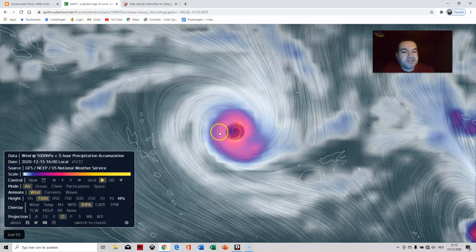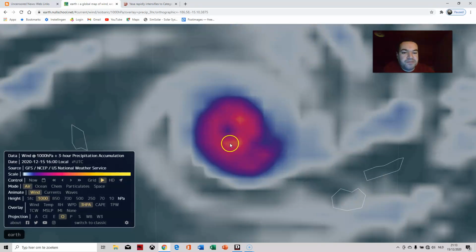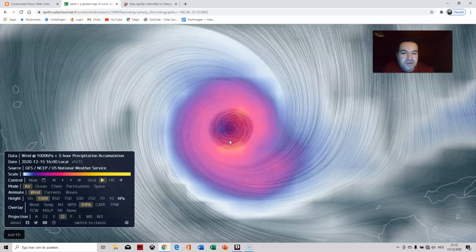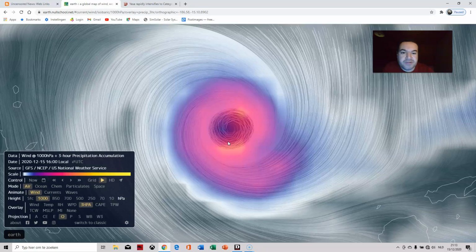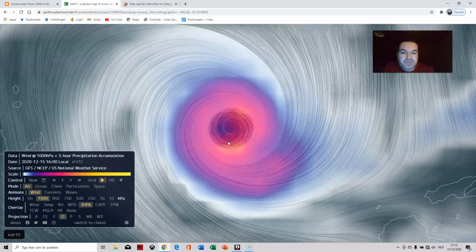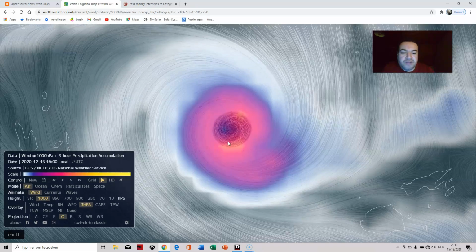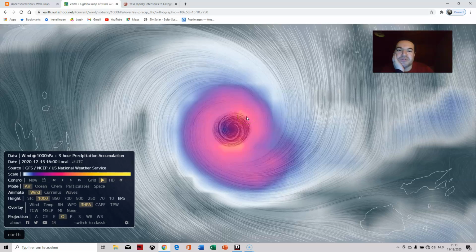And this is where the winds are the greatest. You can actually see it from the speed. I'm going to zoom that even more out. And as you can see, this will be pretty intense. So if you live in that area, take heed. This is definitely going to be dangerous.